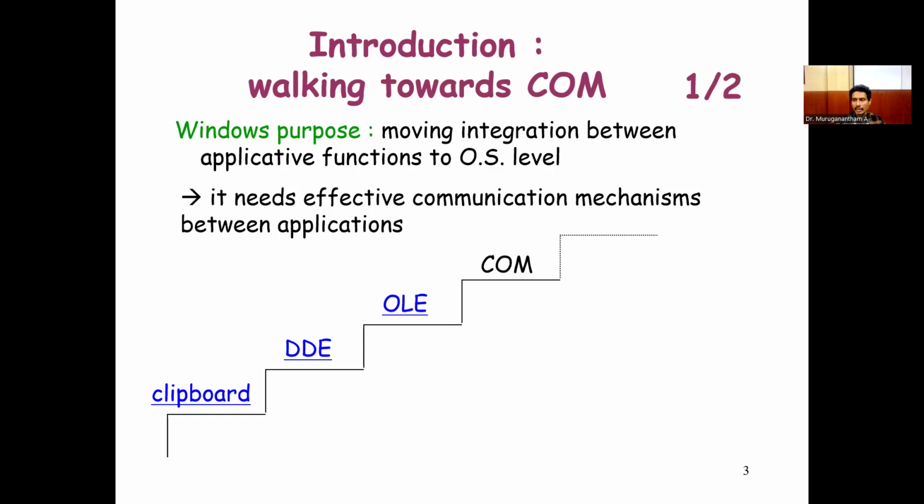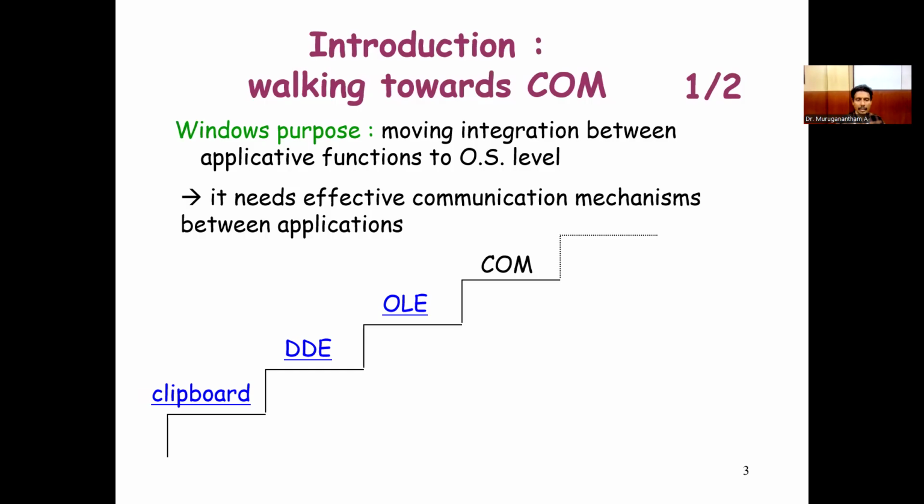Number one is the clipboard mechanism, a basic mechanism used in the early days of Windows where two different applications interact with each other. Then they evolved and brought a new mechanism called DDE, which is Dynamic Data Exchange. During runtime, this is how two different applications exchange data.